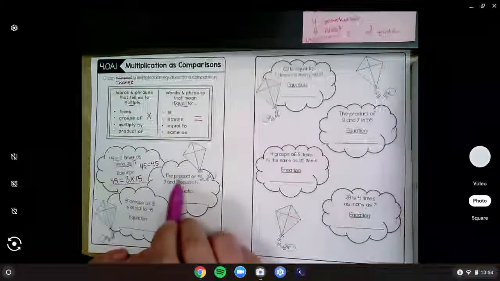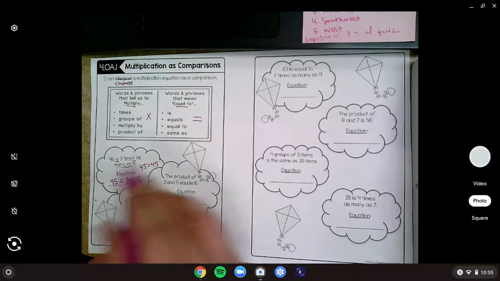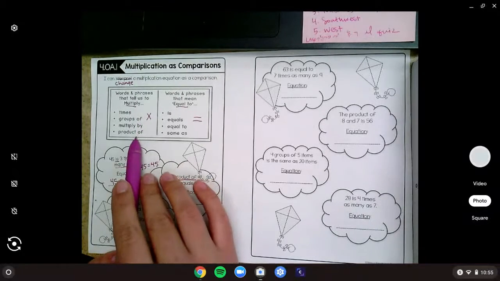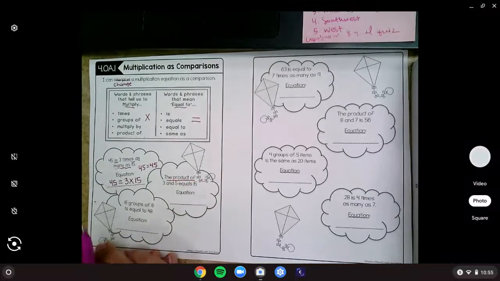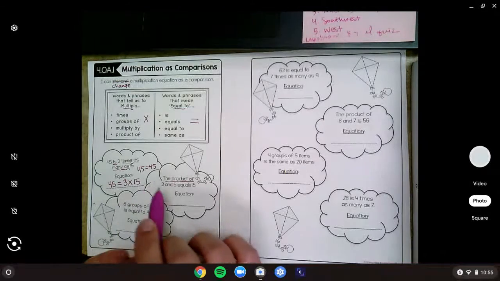Let's look down here. The product of 3 and 5 equals 15. Well, there's that phrase, the product of. That reminds me, oh yeah, multiplication, product of. But I don't want to start with a multiplication sign. So I'm going to keep reading. 3 and 5.